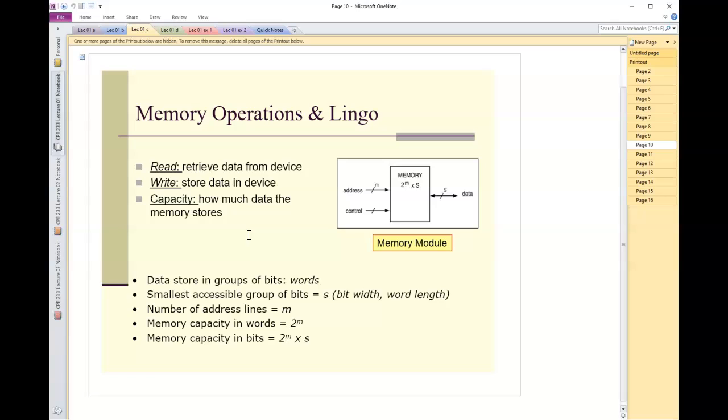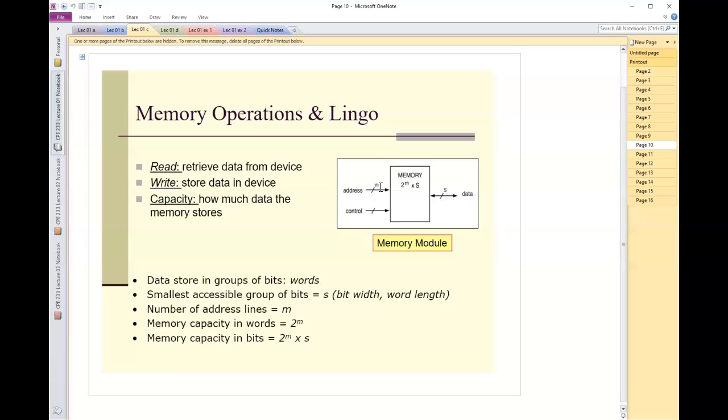So for this memory module, we've heard read and write, but we're also quite interested in the capacity. Any memory stores bits, so you can talk about it as storing bits, but typically that's not an honest way of looking at it. The number of pieces of data it can store is always a function of the number of address lines.